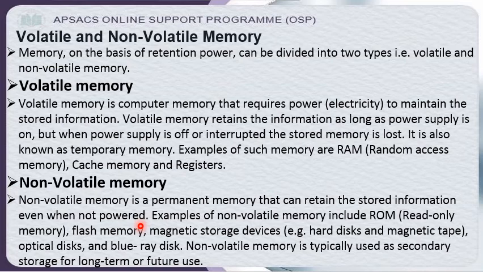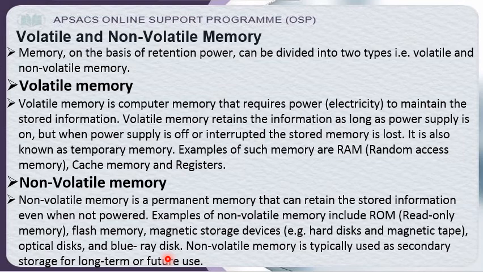Examples of non-volatile memory include ROM or read-only memory, flash memory, magnetic storage devices like the hard drive, magnetic tape, optical disc, and Blu-ray disc. All these are examples of non-volatile memory.